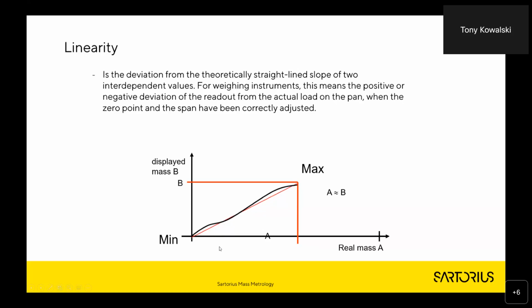However, on the laboratory balance, we placed some test weights at different positions, and we found there's some errors here and some errors here, and round about here, it's okay. So we can prove on a laboratory balance, if this value deviation is no more than the specification, then we're happy the balance is working.